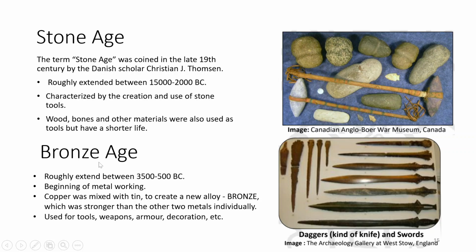Then there is Bronze Age. So it roughly extends between 3500 to 500 before Christ, and it is the beginning of metal working. So here copper is mixed with tin to create an alloy which was stronger compared to copper and tin individually. And the tools, weapons, armors, decorations, they all were made using bronze.